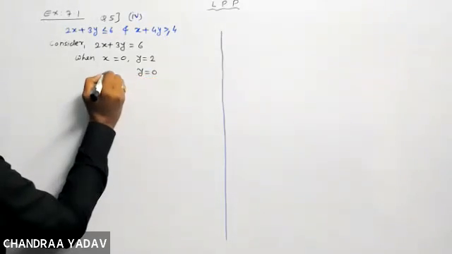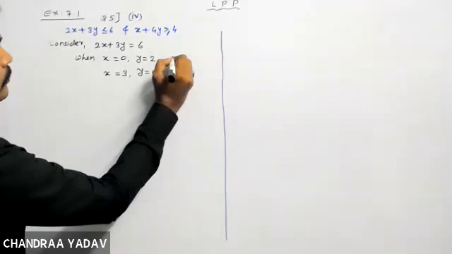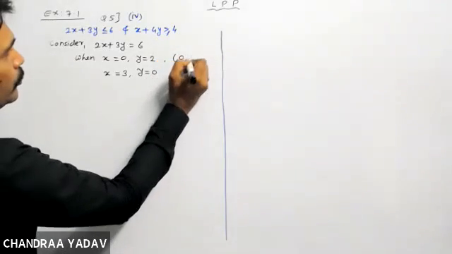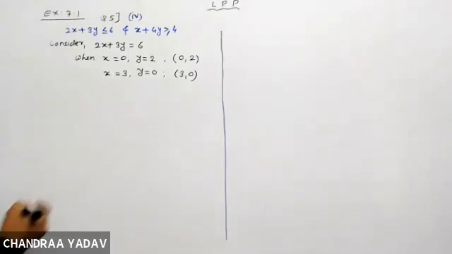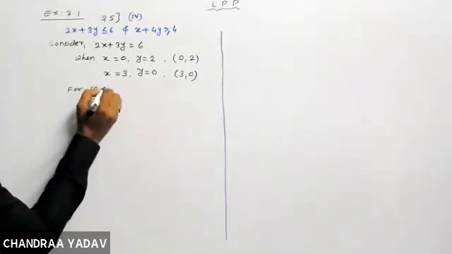Very good. Then when y is 0, x is 3. So the coordinates will be 0, 2 and 3, 0.